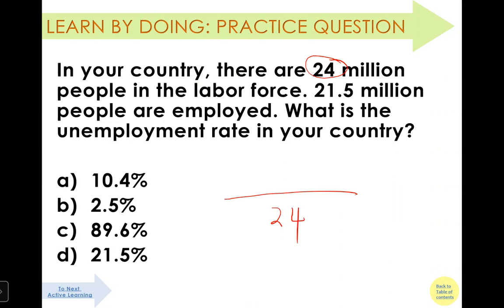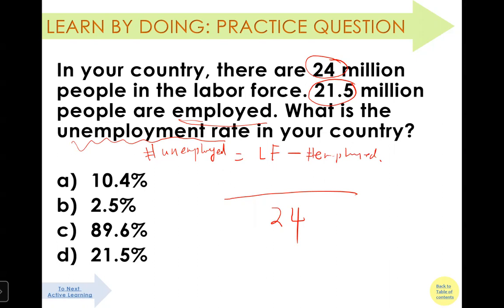Among this 24 million, 21.5 are employed. The question asks what the unemployment rate is, so we need to find the number of unemployed. The number of unemployed equals the labor force minus the number of employed.